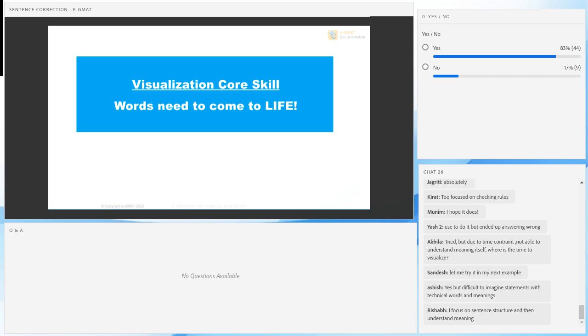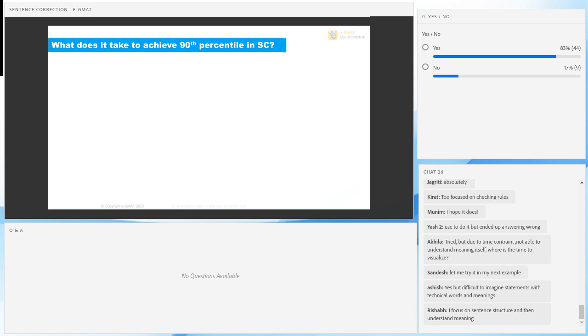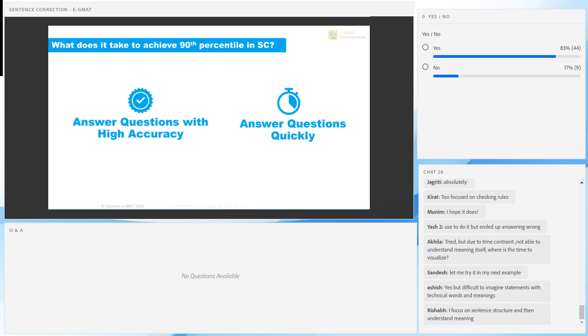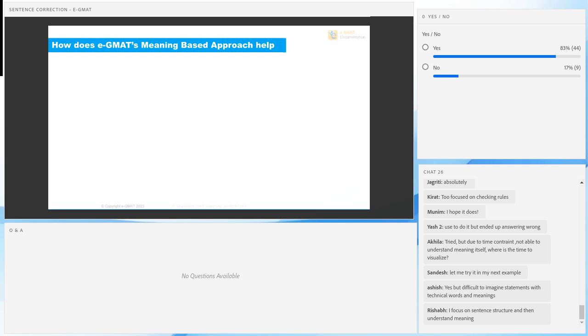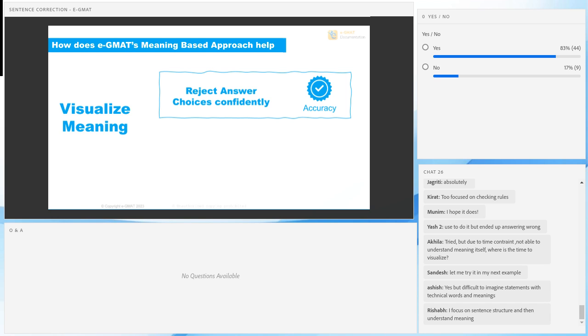The second learning was, do not go by the rules that are flooding these forums. Focus on the deterministic errors. Your focus has to be answering hard questions correctly and answering those questions quickly. If you visualize the meaning, you will be able to reject answer choices confidently, and that is going to improve your accuracy.